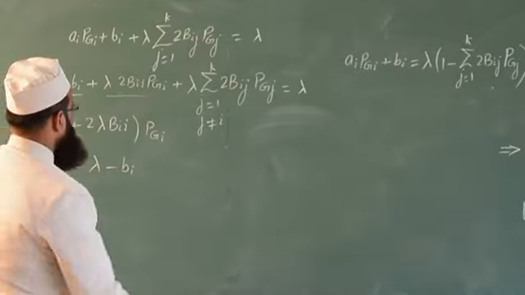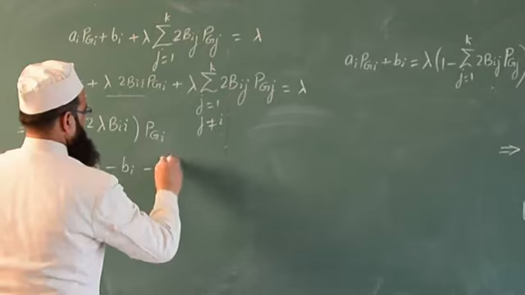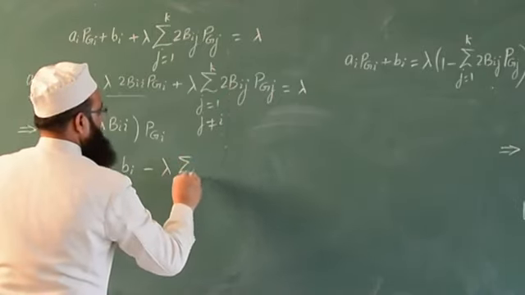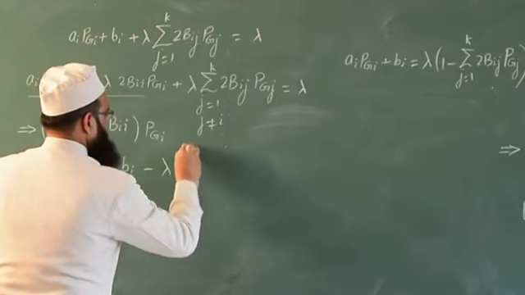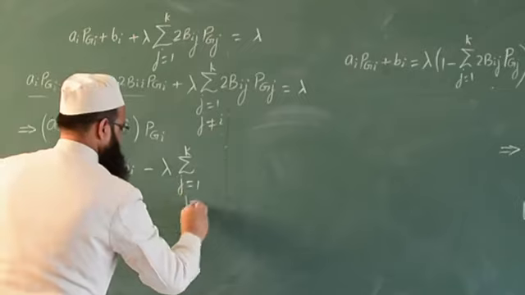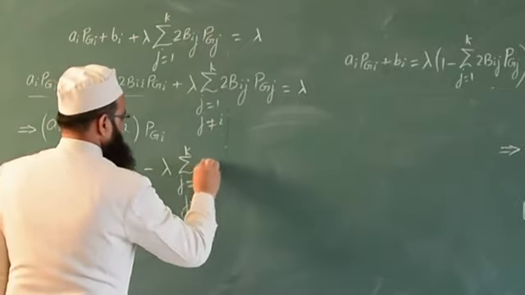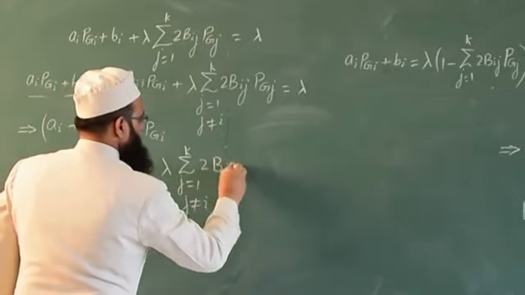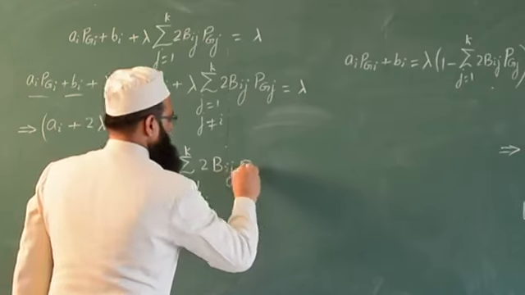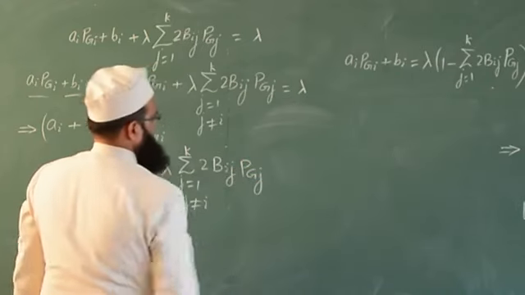So the remaining terms are this minus lambda, j is equal to 1 to k, j not equal to i, 2 Bij PGj.